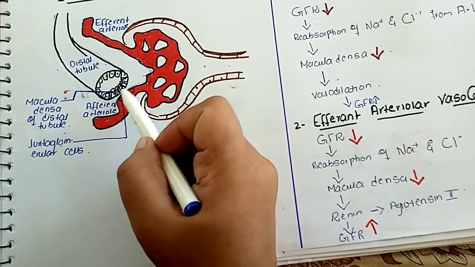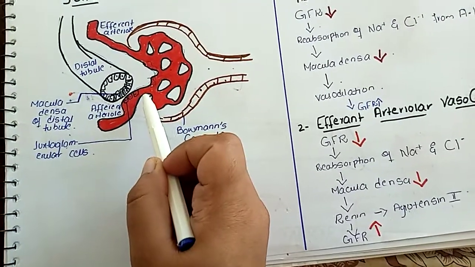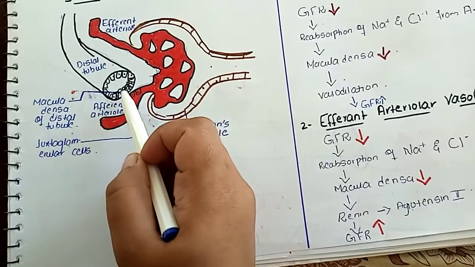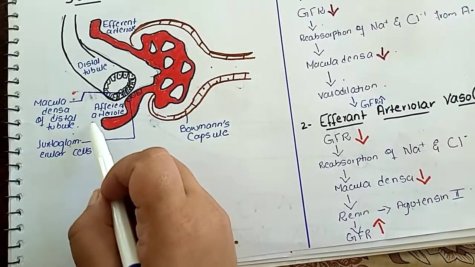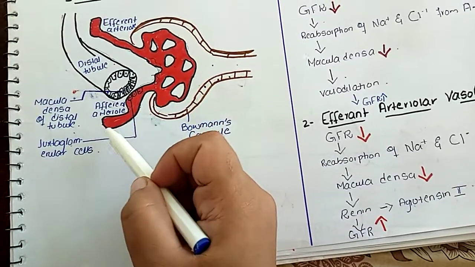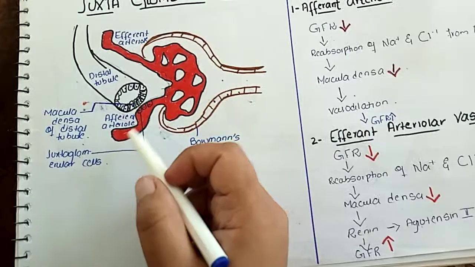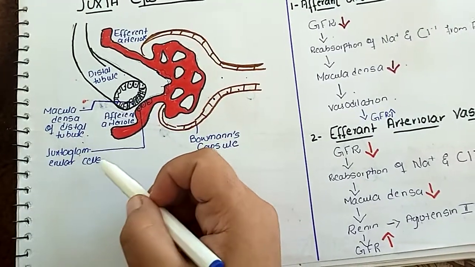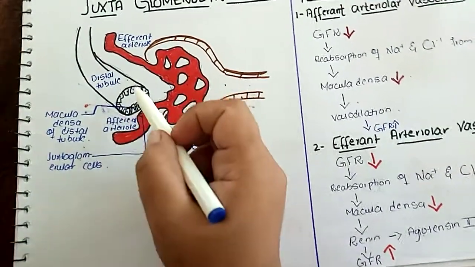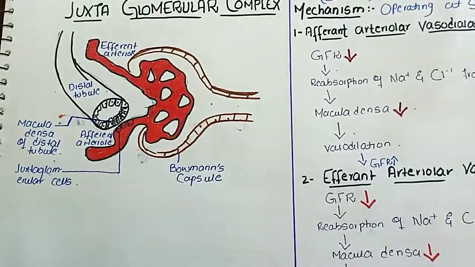The epithelial cells of the distal tubule in contact with the afferent arteriole become more dense and are known as the macula densa of the distal tubule, and the smooth muscle cells of the afferent arteriole in contact with the macula densa are known as the juxtaglomerular cells, and they produce renin. So this complex of these two cells is known as the juxtaglomerular complex.